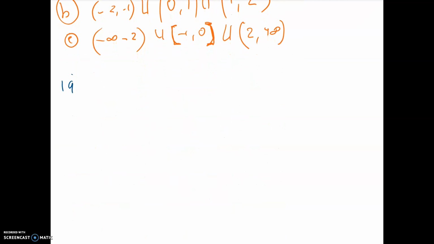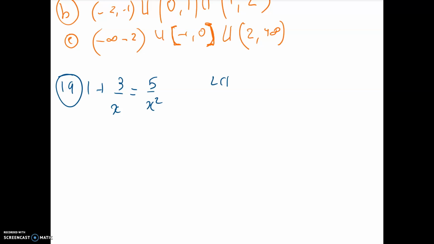What do we have on problem number 19? On this problem, we have 1 plus 3 over x equals 5 over x squared. So the first thing we want to do is calculate the LCD. How to calculate the LCD?